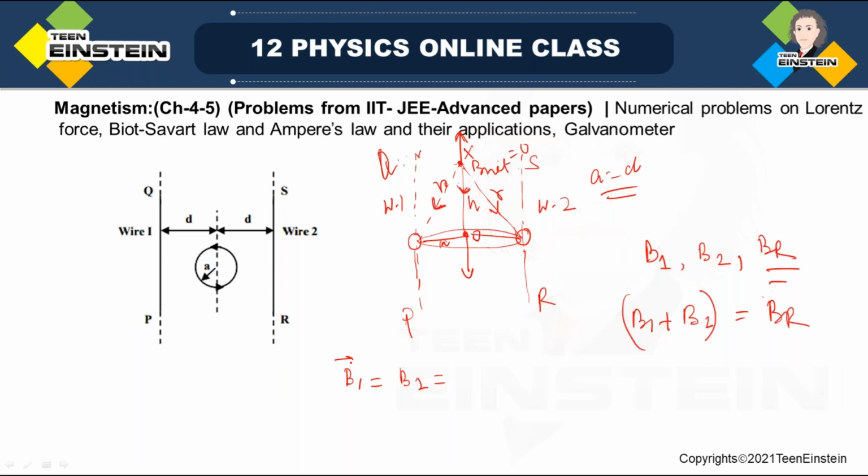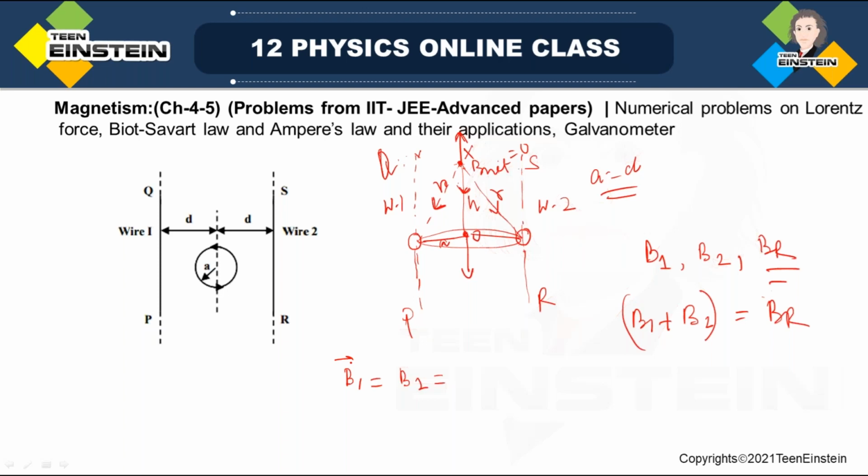Here there will be cos theta, because we will have a component in this direction. Maybe I'll erase some of the things so that it becomes a little more visible, or let me draw it on the next page.